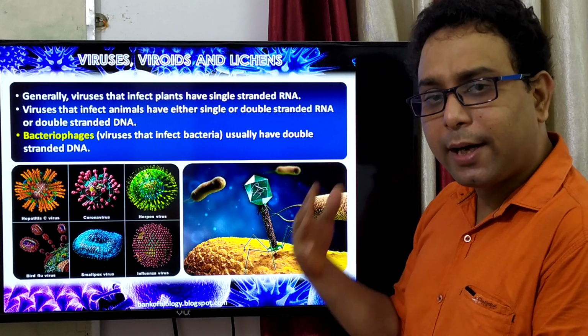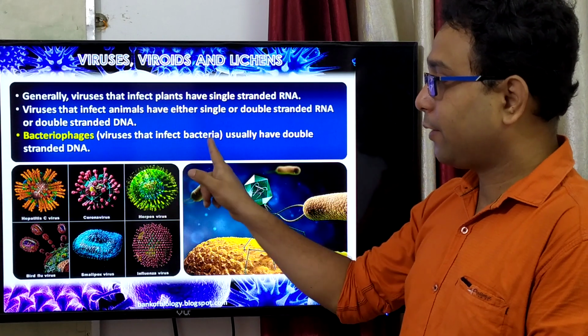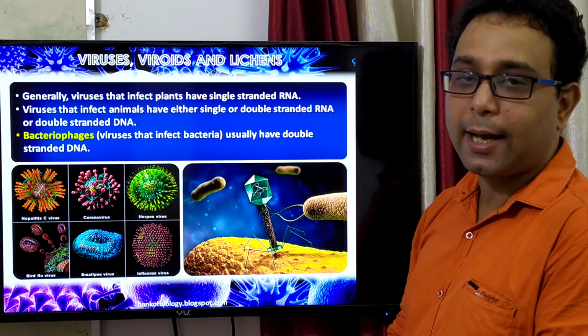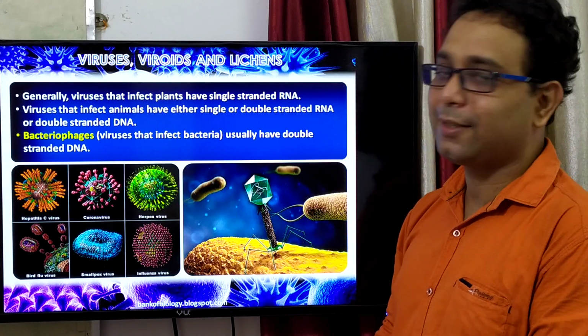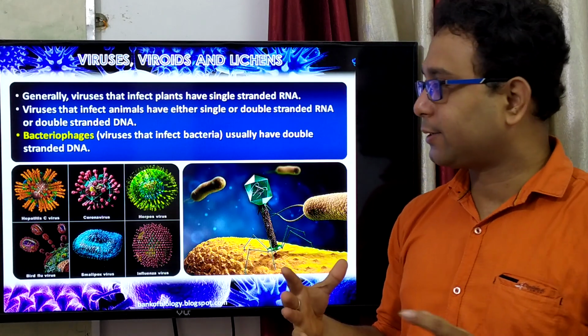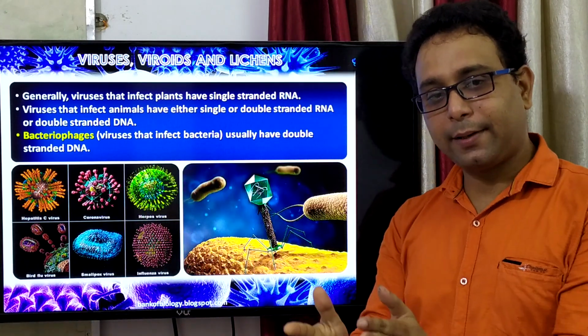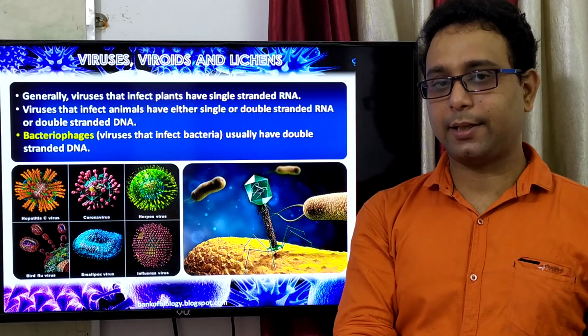Bacteriophage means this virus can infect bacteria. The viruses that infect bacteria usually have double-stranded DNA. So now we classify viruses into three types: plant virus, animal virus, and bacterial virus.